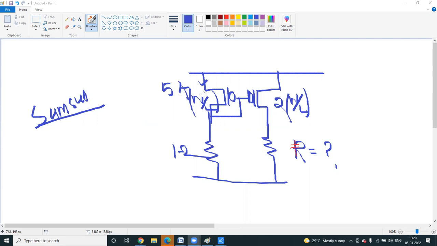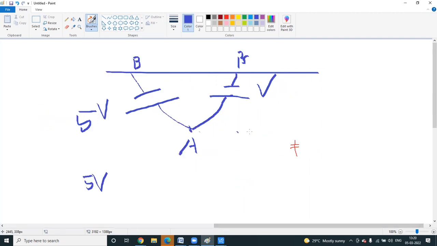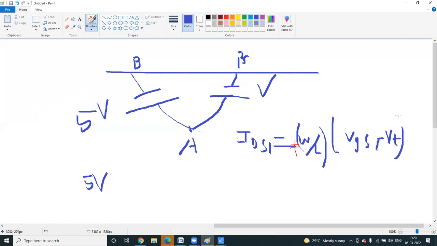Okay, so 0.5, how is it? You have to find what this current is. A current mirror gives the same current, but what is W by L? 2 times W. So come to the current equation. If you see, IDS1 has W by L, (VGS1 minus VT) whole square, K constant divided by 2.